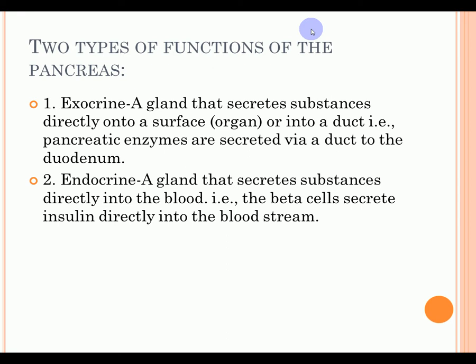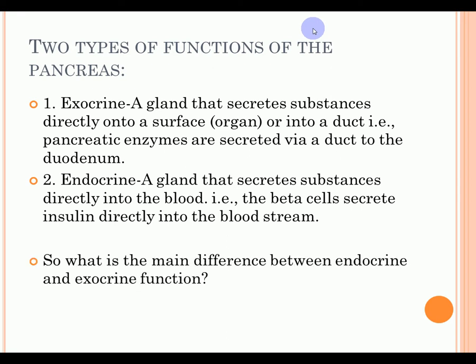So like the beta cells secrete insulin directly into the bloodstream. So it's ductless. So what is the main difference between the endocrine and the exocrine function? The main difference is in the exocrine function, it is a duct system, and the endocrine function is a ductless system. And that is our main difference.